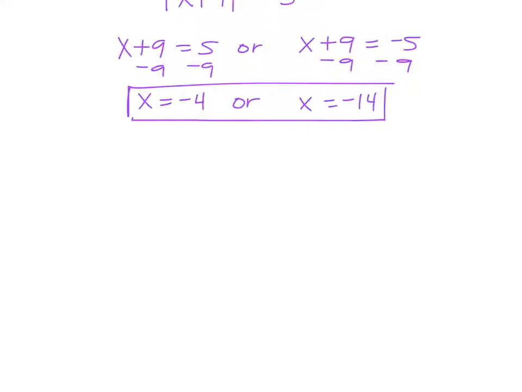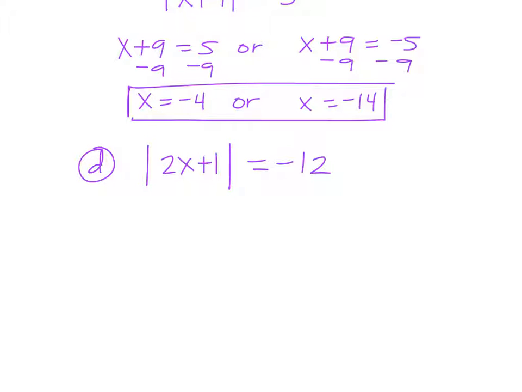Okay, how about this one? Absolute value of 2x plus 1 equals negative 12. What do you got?